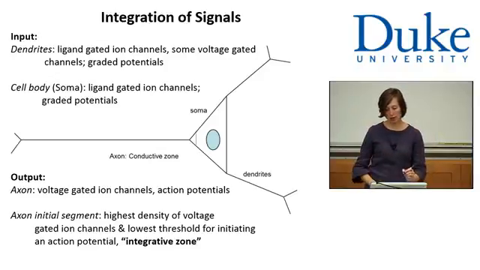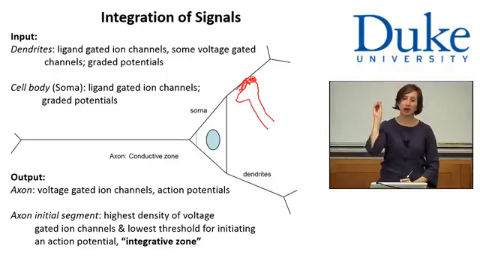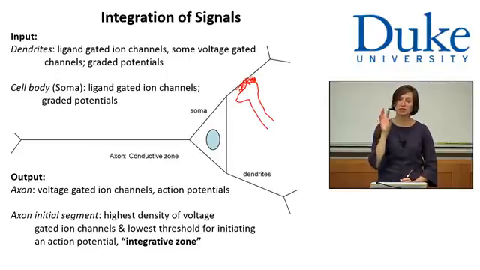And so they're going to be the parts that are going to have a synapse from another neuron, and they're going to release neurotransmitter. And then the dendrites and the cell body are going to have the ion channels that respond to those neurotransmitters, and that means that the dendrites and cell body will have graded potentials.